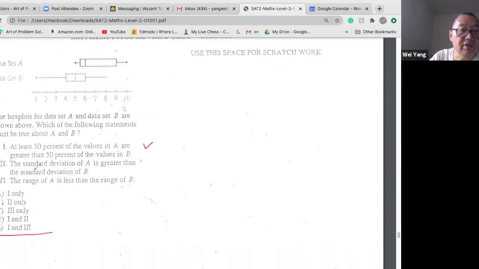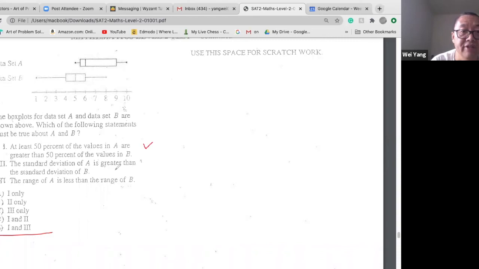Now let's see, the standard deviation of A is greater than the standard deviation of B. Yeah, this one also looks true.